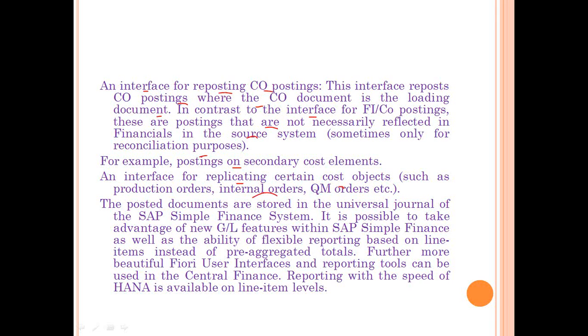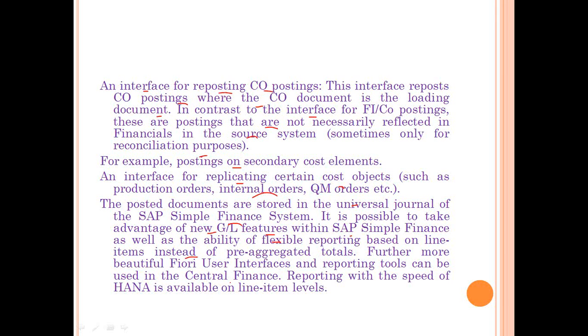The posted documents are stored in the Universal Journal of SAP Simple Finance System. It is possible to take advantage of new GL features within SAP Simple Finance, as well as the ability of flexible reporting based on line item instead of pre-aggregated totals.